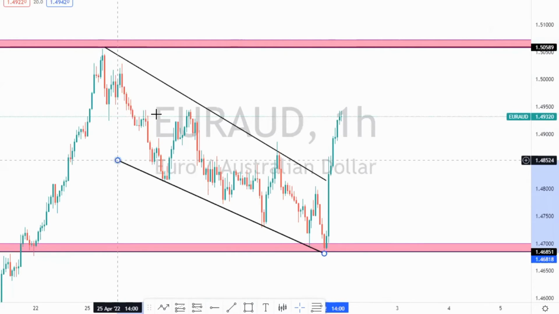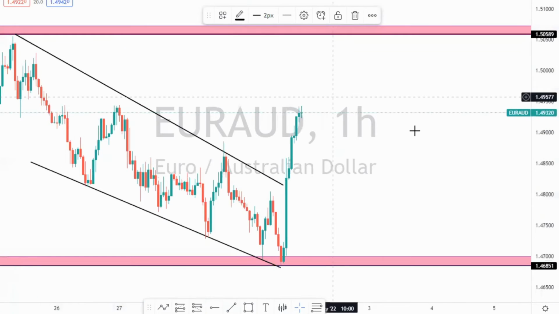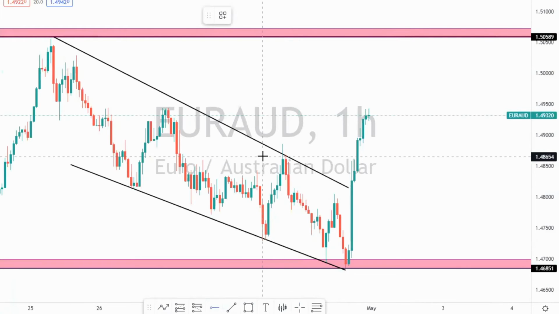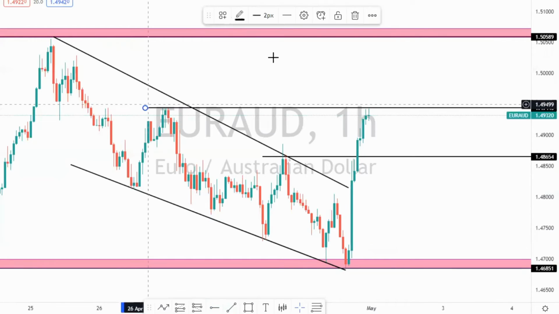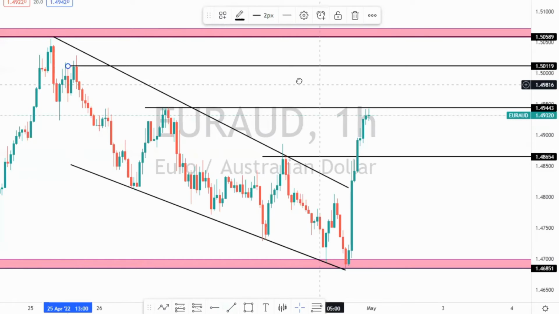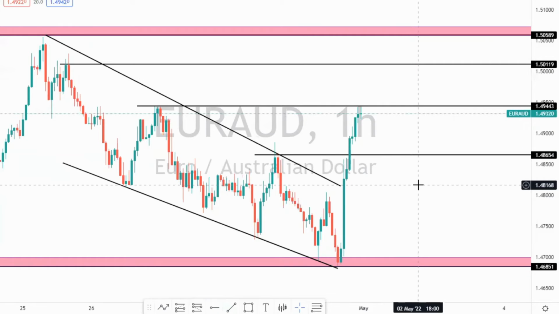After identifying my correction, I'm going to identify levels in this correction where the market recently rejected, right? After identifying my levels, I'm going to switch my time frame to 15 minutes.